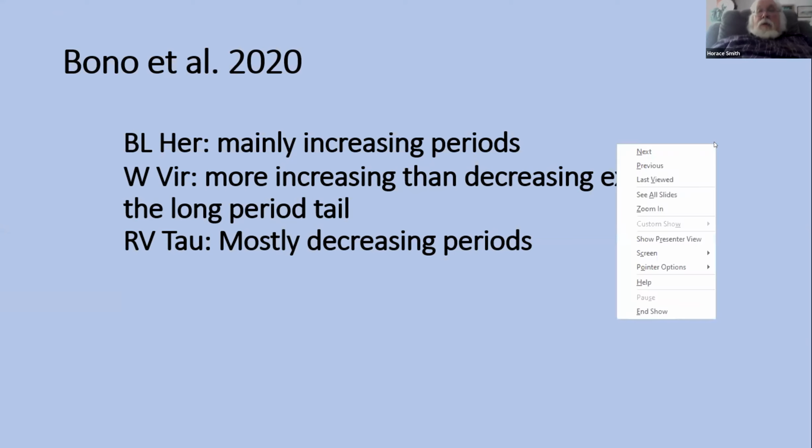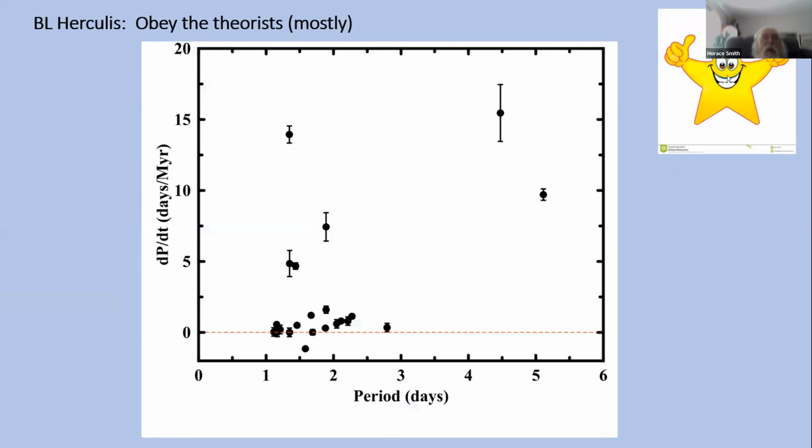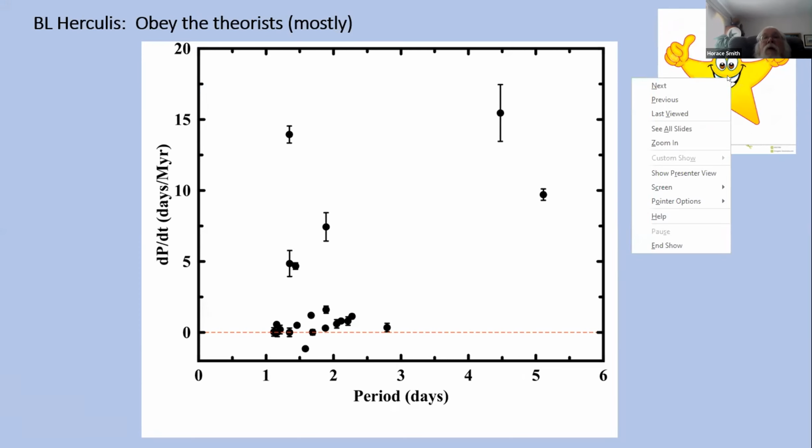If we look at the diagram, here are BL Herc stars. Period change, days per million years, against period. Not too much to alarm theorists. Increasing periods, just what we expect for stars evolving from the blue to the red through the instability strip.